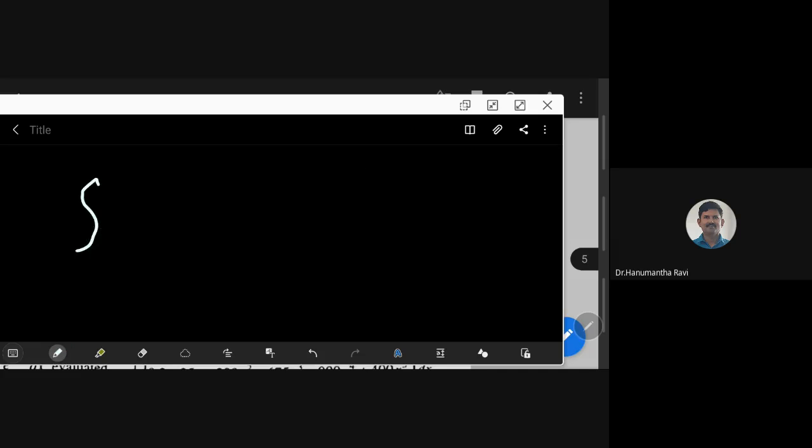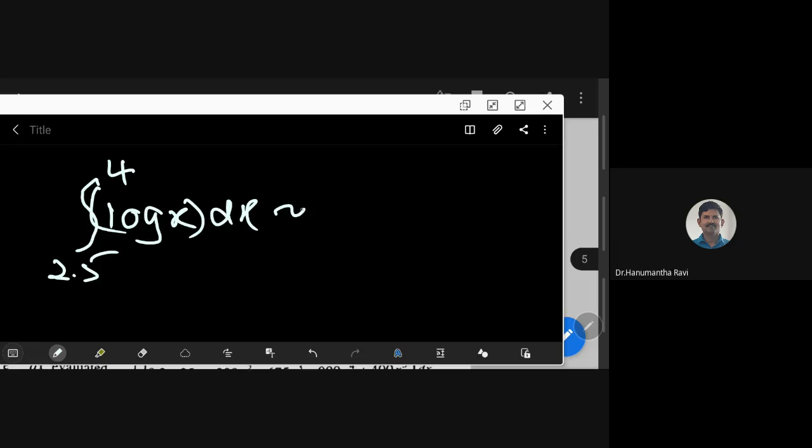So we need to calculate the integral from 2.5 to 4. What is our integrand? Our integrand is log x dx. We need to find the approximate value using the trapezoidal rule with 5 subintervals.